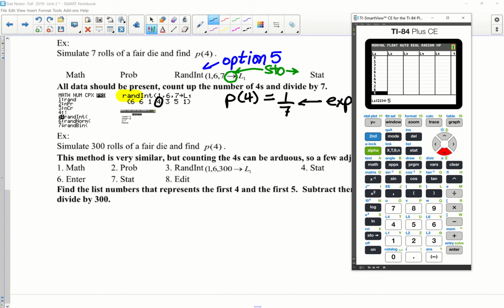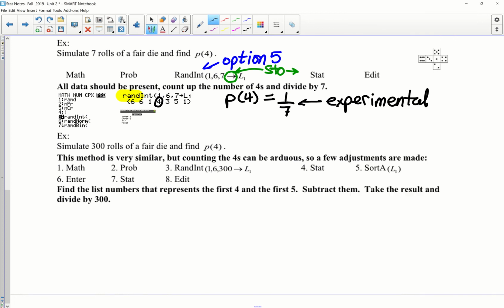So let's try something else. Let's quit out of here. So it's second mode. Go back into your home screen. This is the technique that we want to use. We want to sort it out. So we're going to look at the sort function, which is in the stat menu.